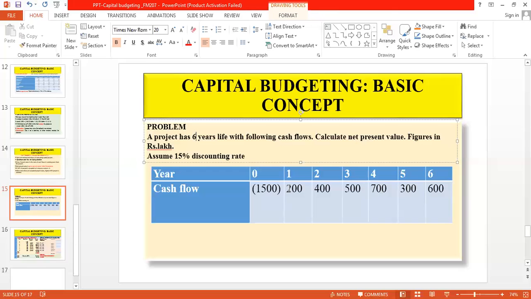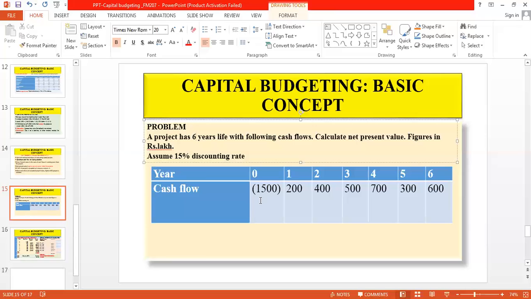So if you add the cash inflow figures, then it will be 200 plus 400, 600, plus 500, 1,100, plus 700, 1,800, plus 300, that is 2,100, plus 600 means 2,700. So by investing 1,500, you are getting 2,700. So this is a very high return, which is more than double.